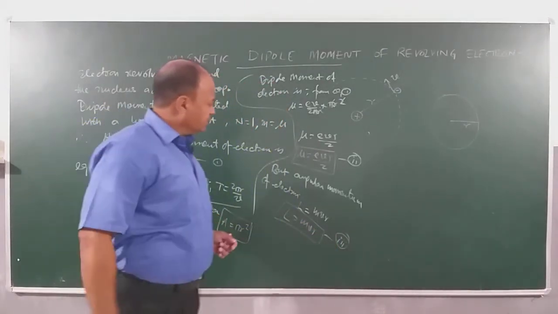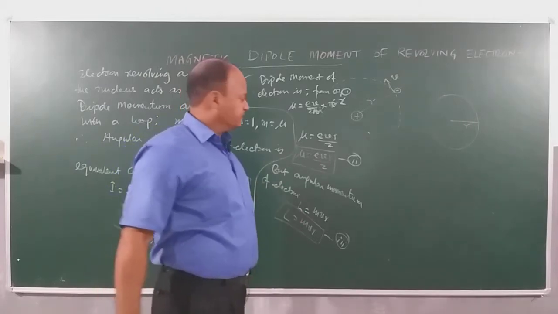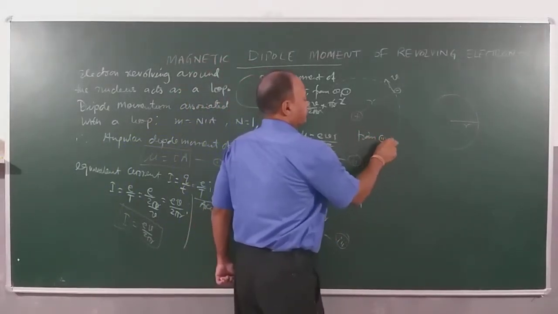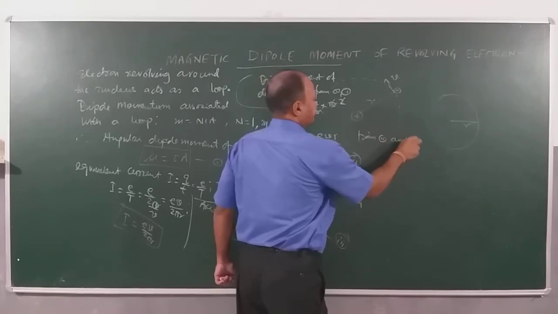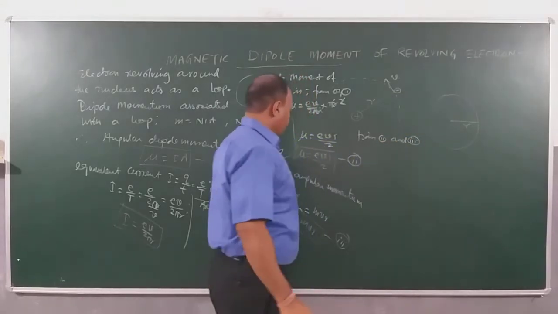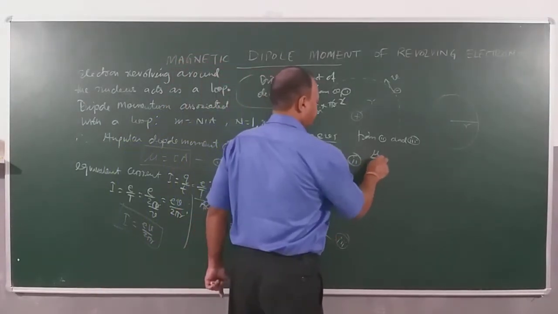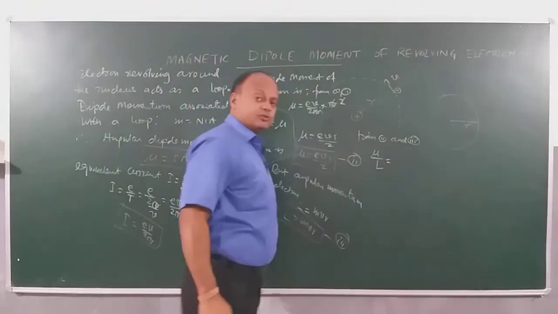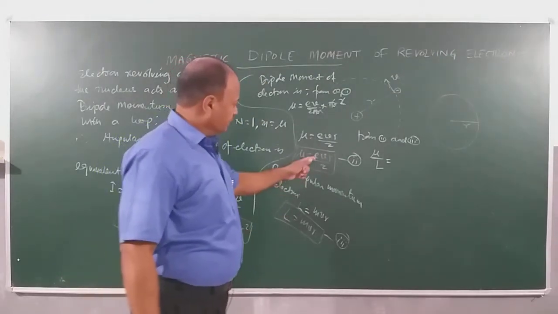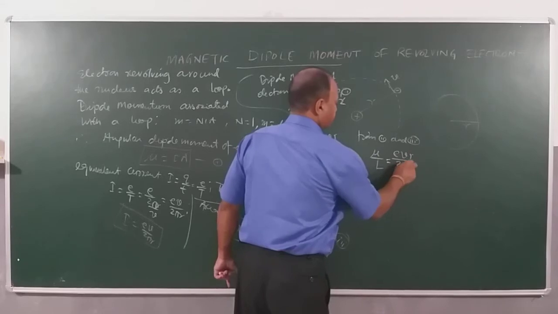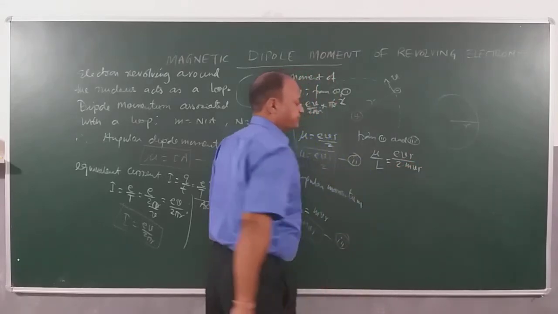Now I'll just divide equation 2 by equation 3. If I go to equations 2 and 3, then mu over L is equal to evr by 2 mvr.